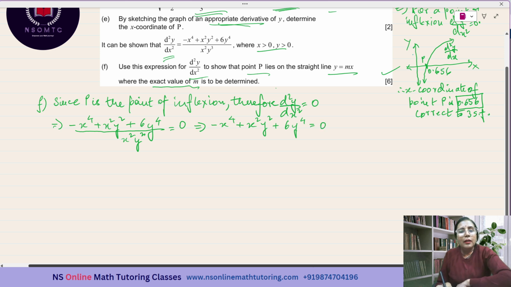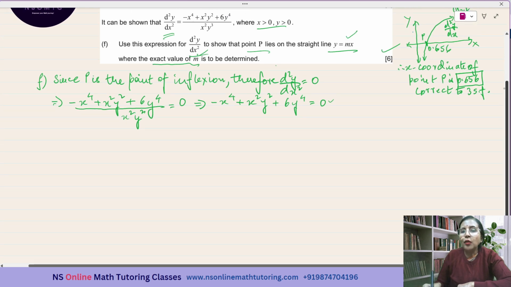And now they are asking us to find the exact value of m. And P is lying on the straight line, and if P is lying on the straight line, we have to find the m value for that case. So what is m in terms of y and x? Because this equation is not containing any m, but we have to find the value of m.